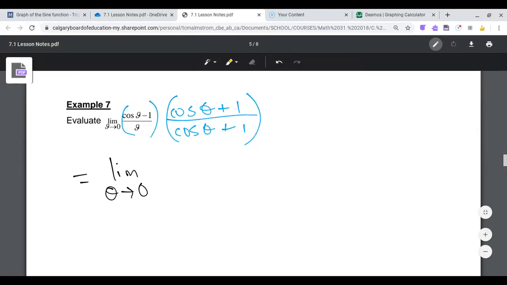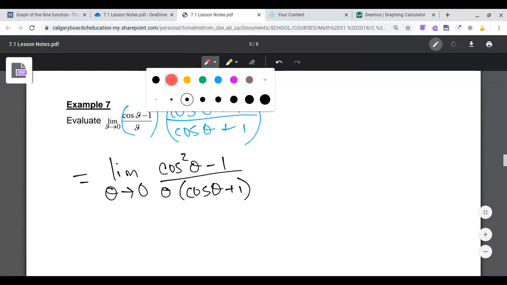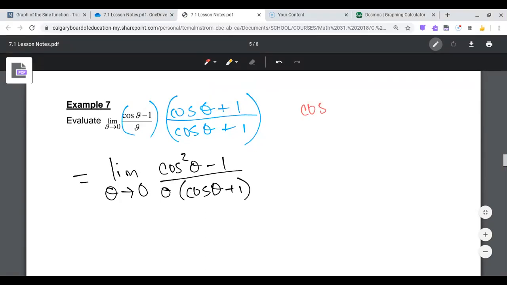Now, if you expand out that top, you get cos squared theta minus 1 when you FOIL it, multiplied by, I'm going to leave this in factored form, theta times cos theta plus 1. This is where you're going to need to know your identities. If you think back to our Pythagorean identity, cos squared theta plus sine squared theta is equal to 1, and I want cos squared theta minus 1.